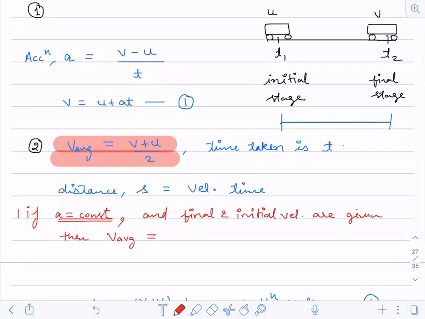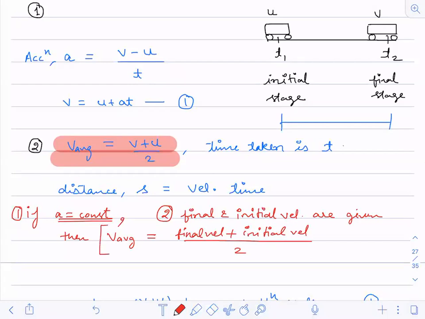This is the first condition, that acceleration is constant. What is the second condition? That final and initial velocities are given. Then you can write V average as final velocity plus initial velocity divided by 2.